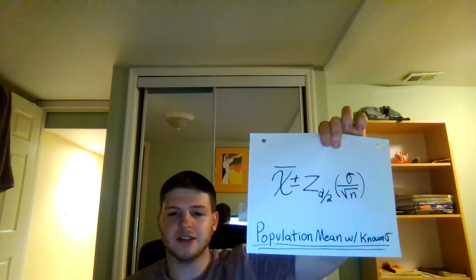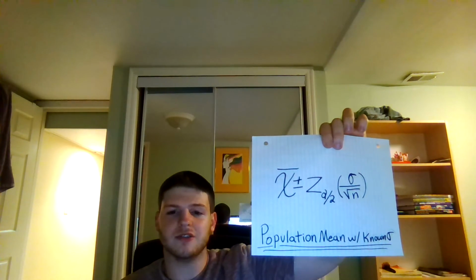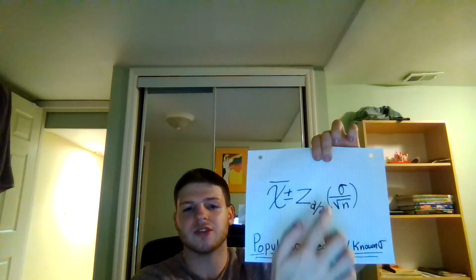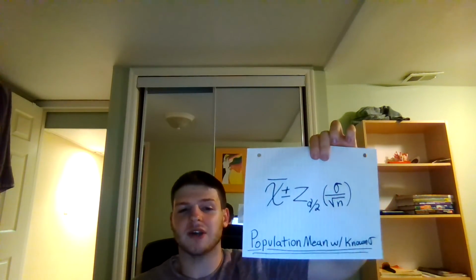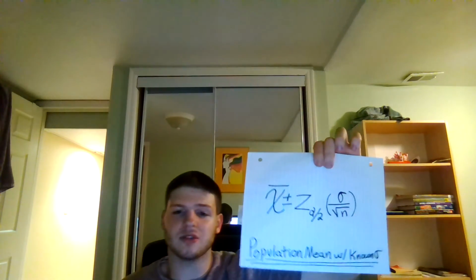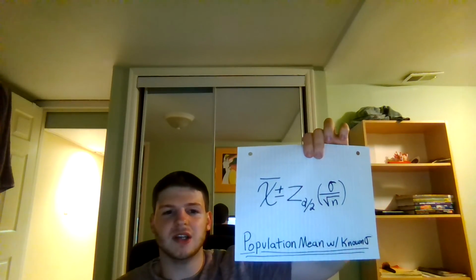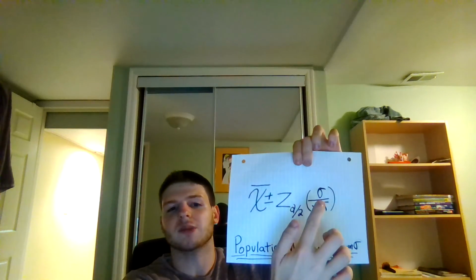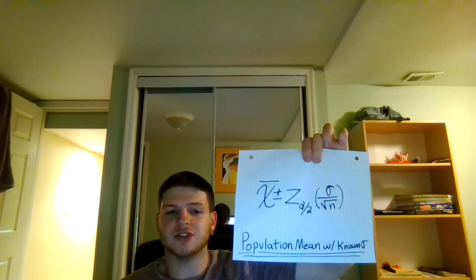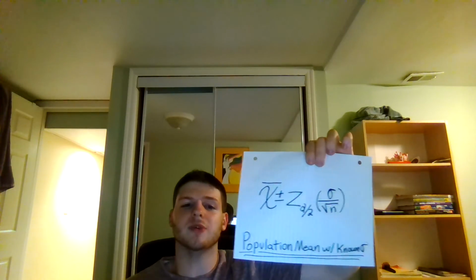X hat again is the mean of the sample, and it's going to be plus or minus your z-score value, which you calculate using alpha here, your level of significance, and then sigma here is going to be your population standard deviation divided by the square root of your sample size n.